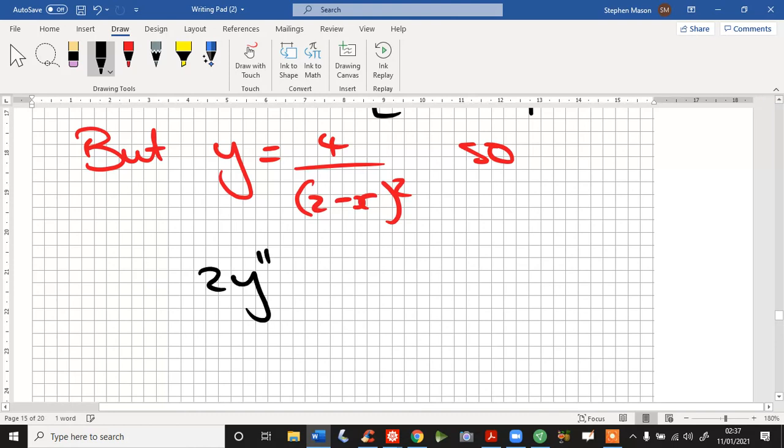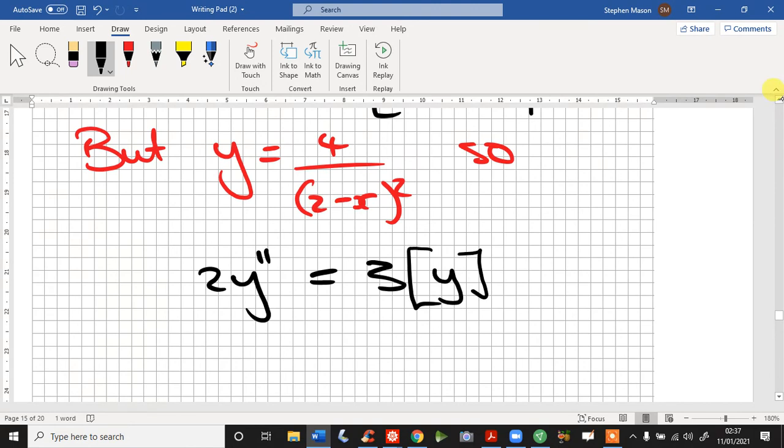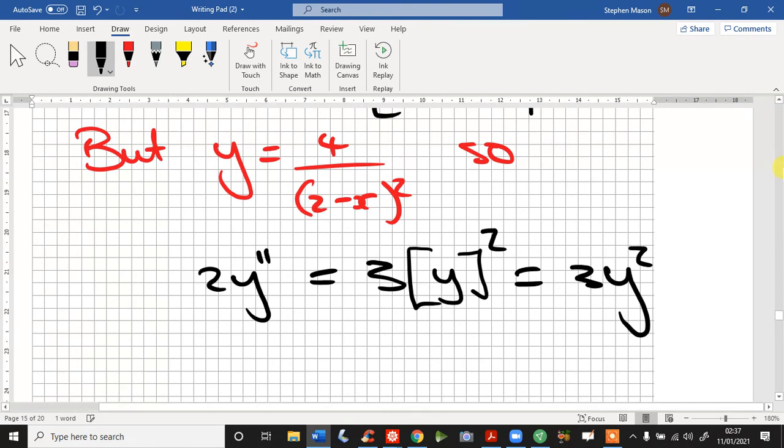2y double prime is equal to 3, and then in the brackets we just replace that 4 over 2 minus x all squared with y, and on the outside we've got that squared term, and that is equal to 3y squared as required. So 2y double prime is equal to 3y squared.